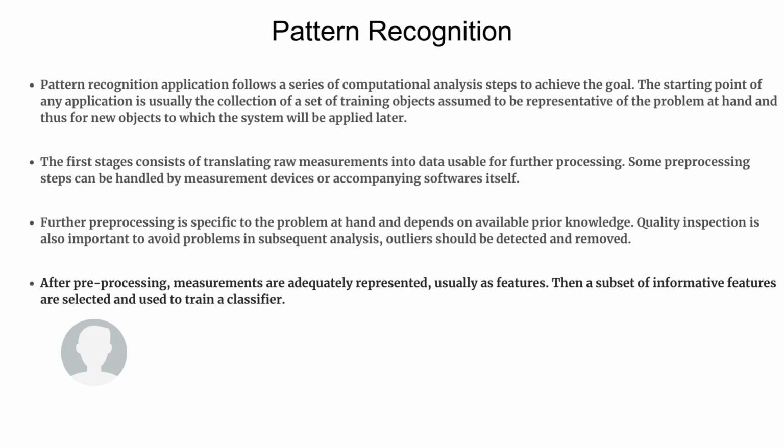So the starting point, as we know, is usually the collection of dataset or training objects, which is assumed to be representative of the problem, and thus for new objects to which the system will be applied later. The first stage consists of translating raw measurements into data, which can be used for further processing. Some pre-processing steps can be handled by the measurement device or accompanying software.